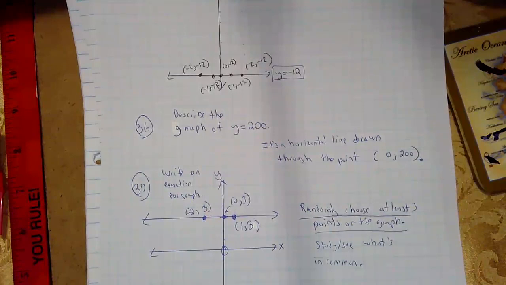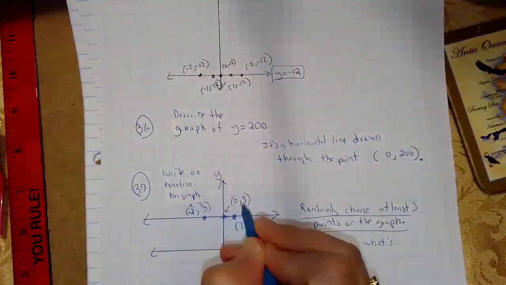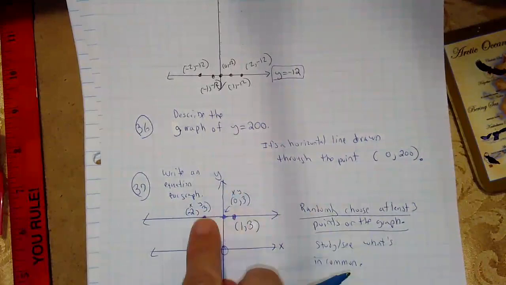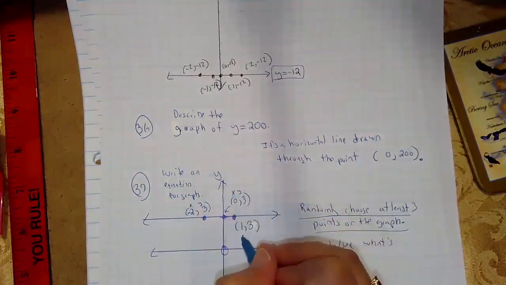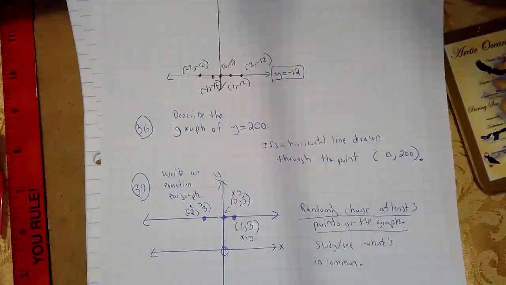Hopefully you'll notice what's in common. Notice, this is the x coordinate and the y. Do you see how the y is the same? All these different situations that you have, but you see how the y is always 3? And that's your pattern.